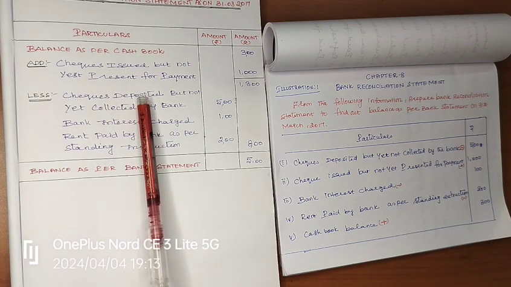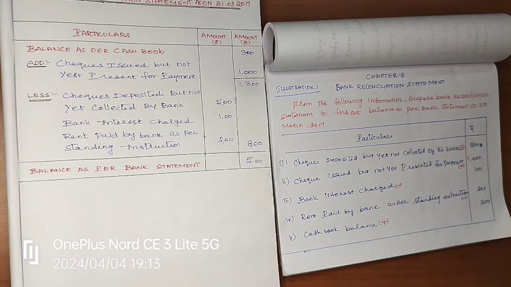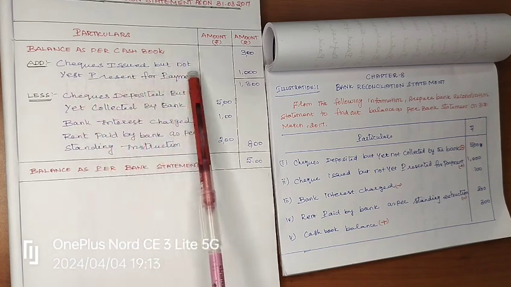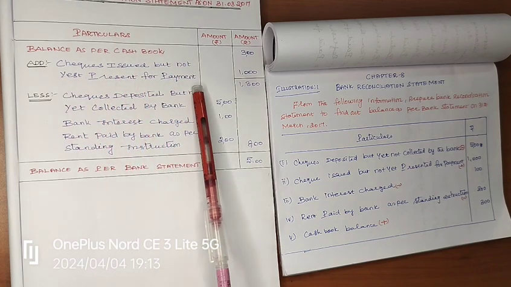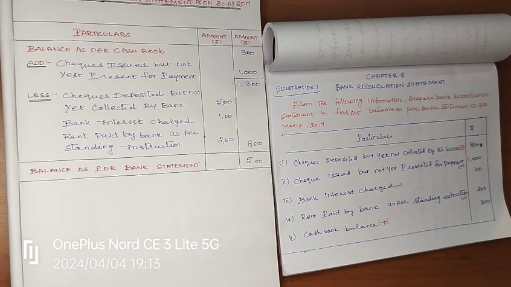So in the bank reconciliation statement, in the add column, you record checks issued but not yet presented for payment, 1000 rupees. So 1000 rupees is entered in the outer column.